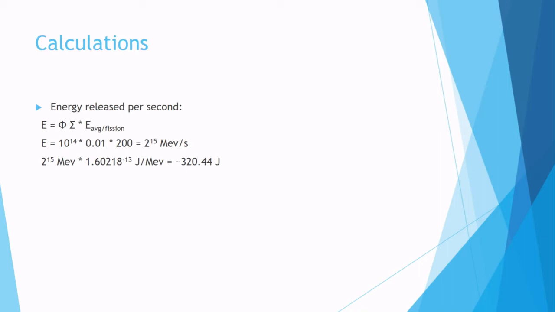We can do this by multiplying our value by a conversion factor as shown here, and we can see that the value of energy being released is around 320.44 joules. So the energy being released per second is 320.44 joules per second.